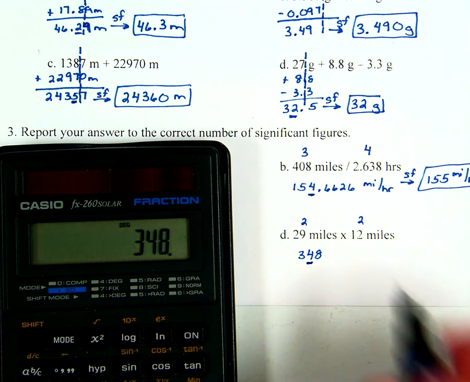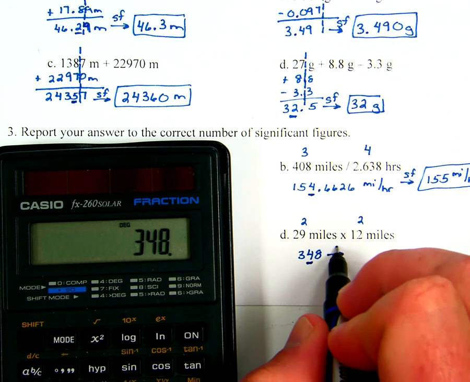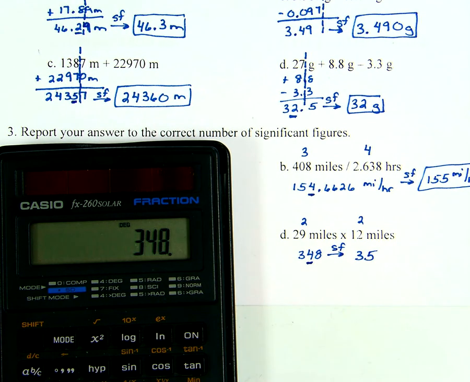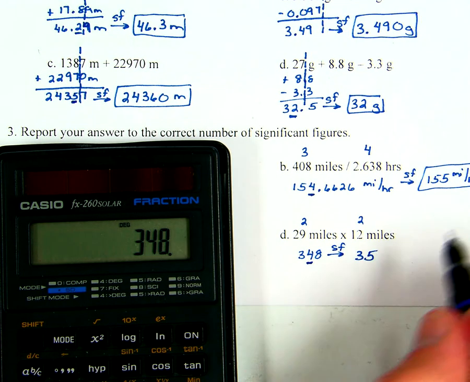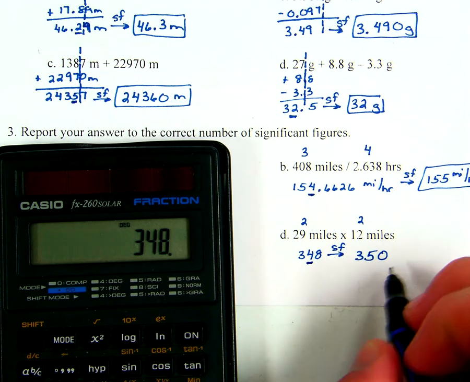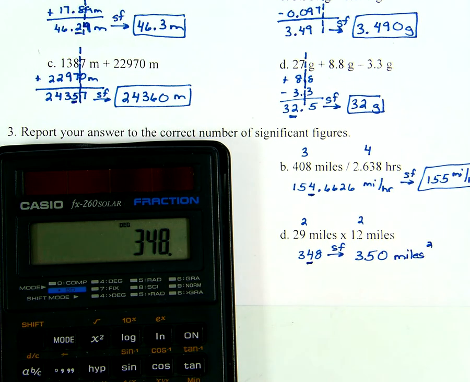I look to the next digit. It's bigger than 5, so I round up. The common mistake here is just to write this as 35, but remember I need a 0 here as a placeholder to hold the value. So my answer is 350 miles squared, because miles times miles would be miles squared.